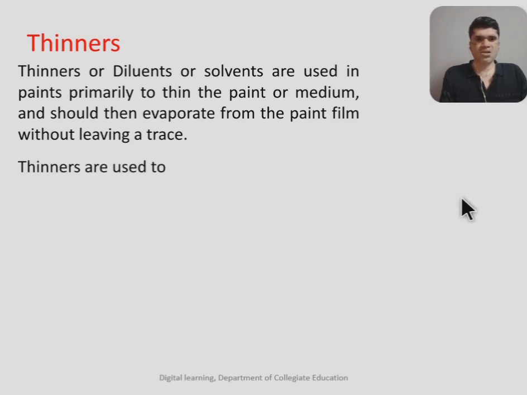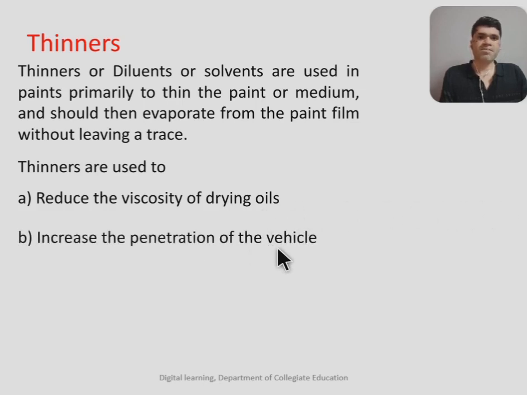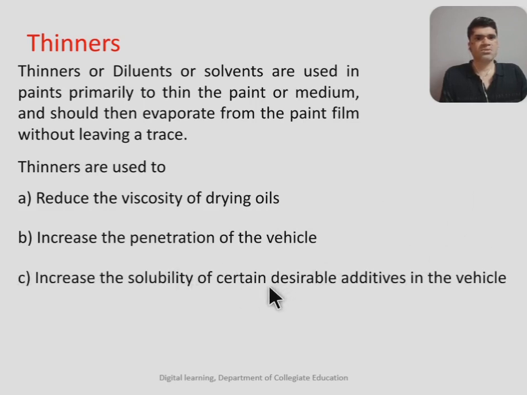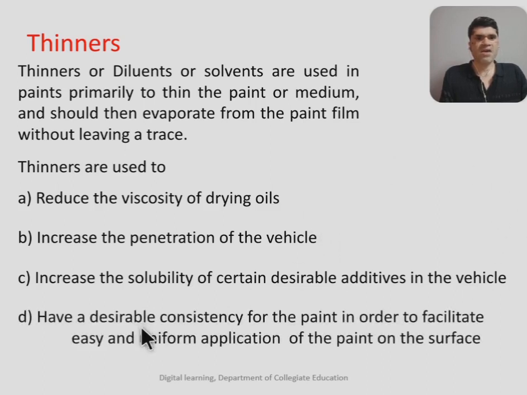Thinners are used to: one, reduce the viscosity of drying oil; increase the penetration of vehicle; increase the solubility of certain desirable additives in the vehicle; and have a desirable consistency for the paint in order to facilitate easy and uniform application of paint on the surface. So these are the applications of thinner.